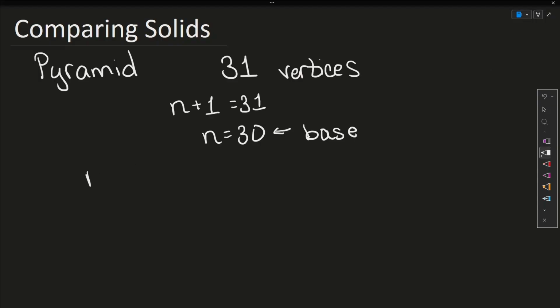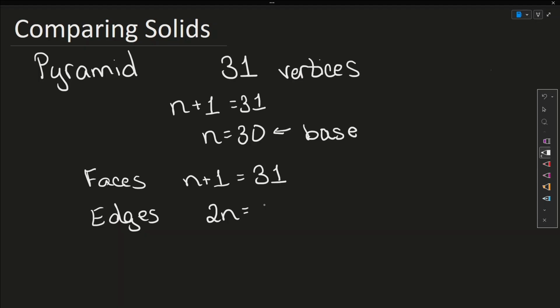In addition, the number of faces for a pyramid is n plus 1, and 30 plus 1 is 31. The number of edges for a pyramid is 2n, and 2 times 30 is 60. These examples show that once you know one measurement, you can often determine the others. That's a valuable algebraic and geometric connection.